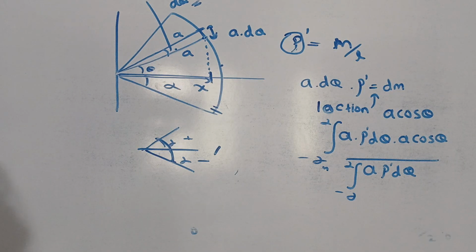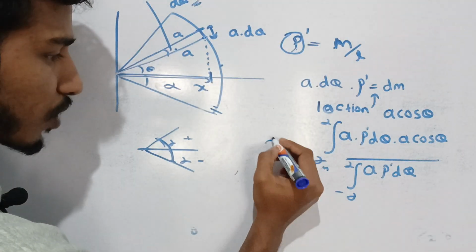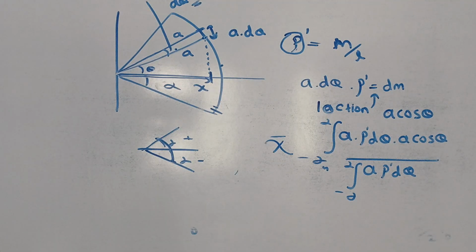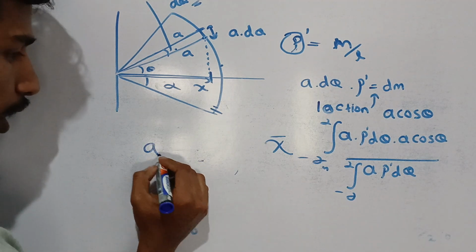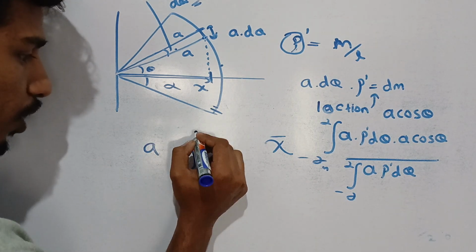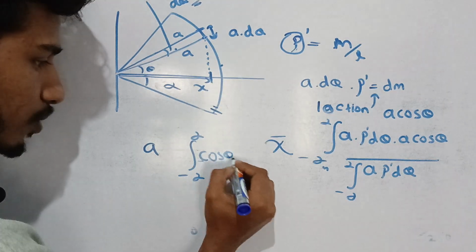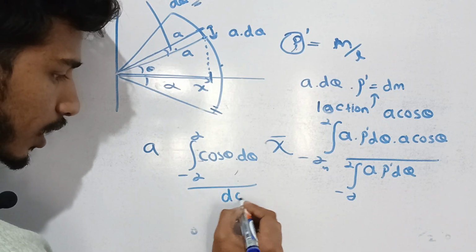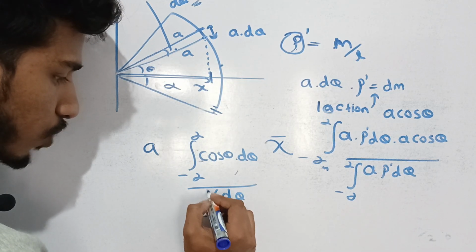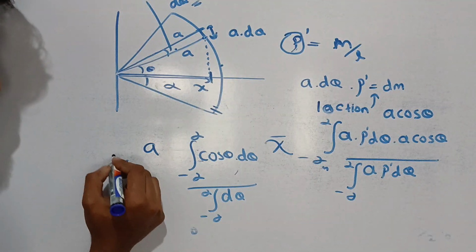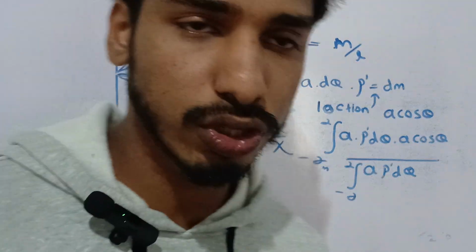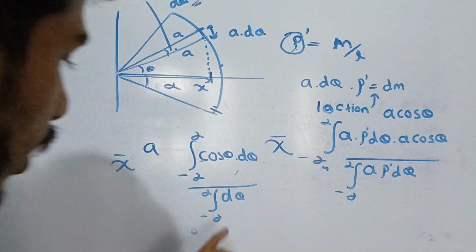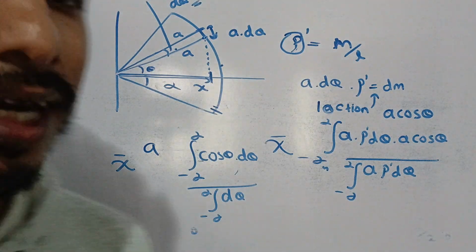So this will be my center of gravity equation, and the uniform density can be cancelled off. Eventually we have a times the integral from minus alpha to alpha of cos theta d theta, divided by the integral from minus alpha to alpha of d theta. The integration of cos theta is sin theta and the integration of d theta is theta.